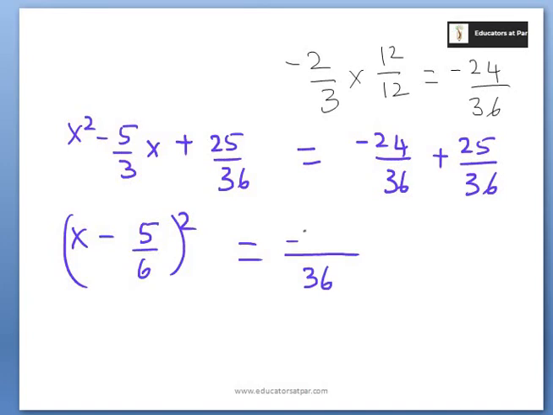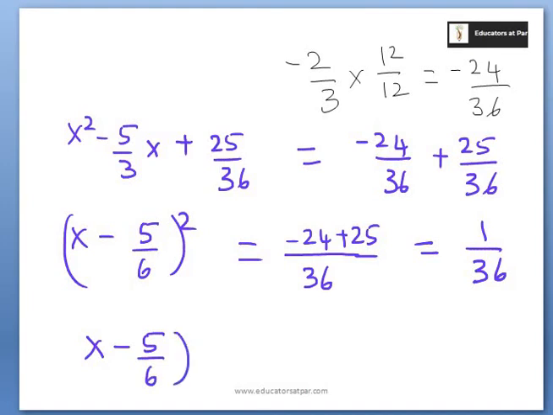It's negative 24 plus 25, that's 25 minus 24, which is 1 by 36. 1 square is 1, 6 square is 36. So x minus 5 by 6 square equal to 1 by 6 square. Taking square root on both the sides, we have x minus 5 by 6 equal to plus or minus 1 by 6.